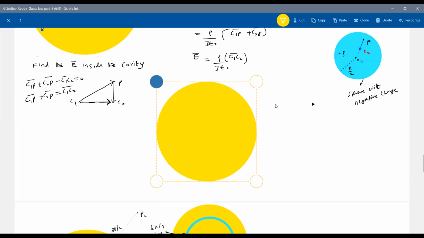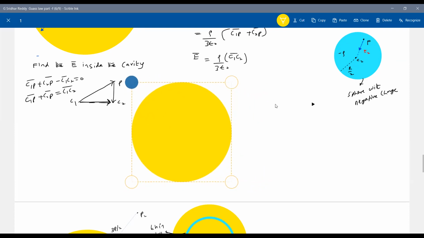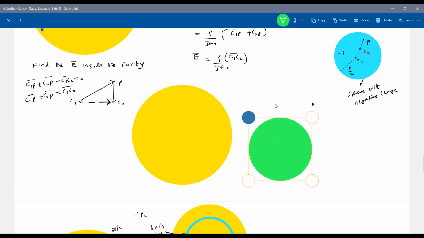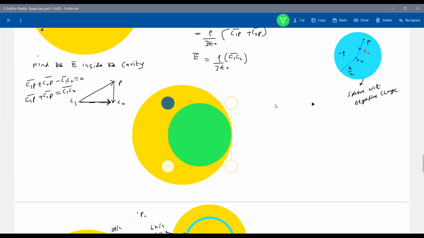The cavity can be of any shape, any spherical shape, and wherever it may be. So this is the cavity, no? Let me bring the cavity. I'll show the field. That field has to be shown, no?